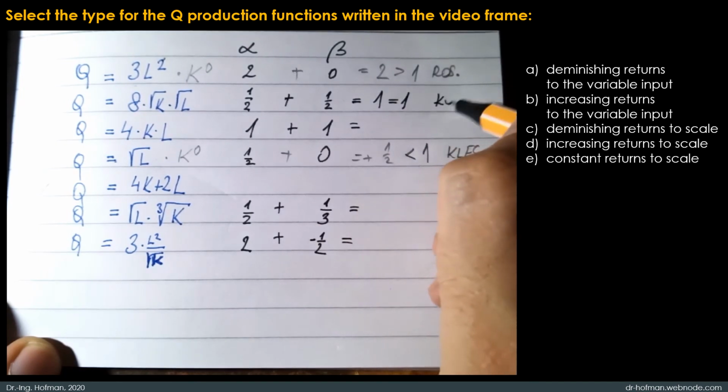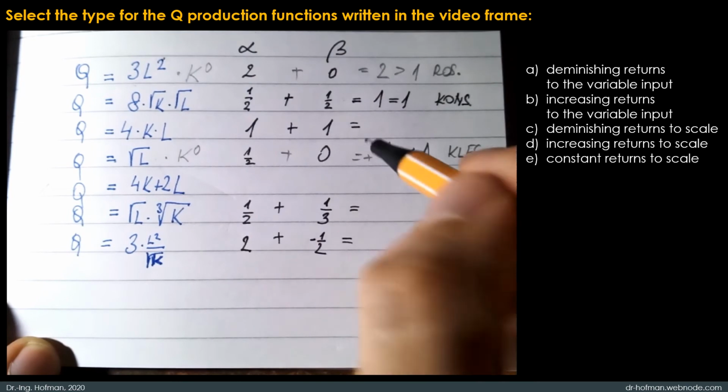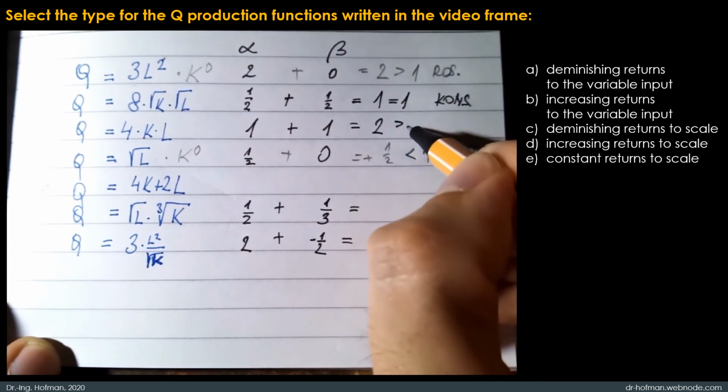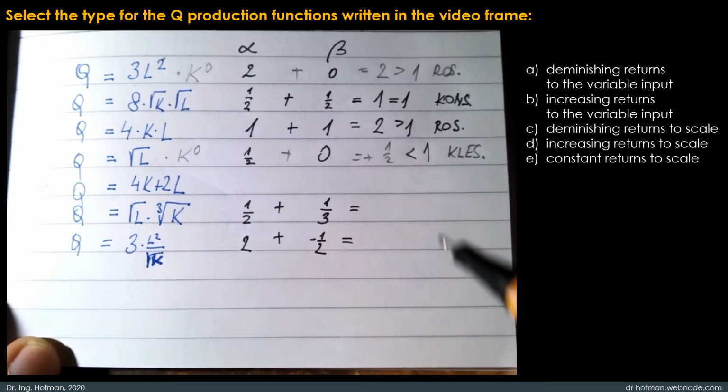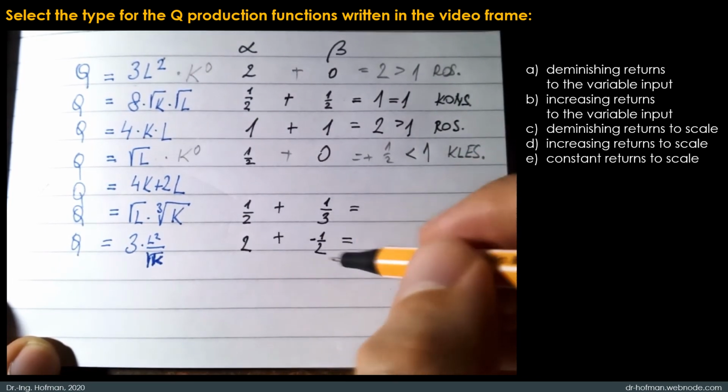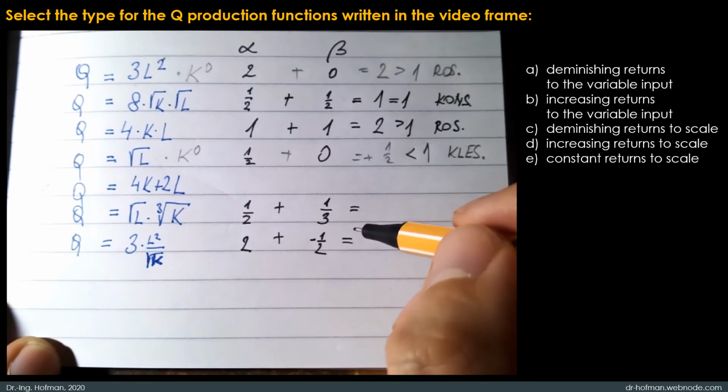In this case it's exactly 1, so they are constant returns to scale. In this case they are increasing returns to scale.